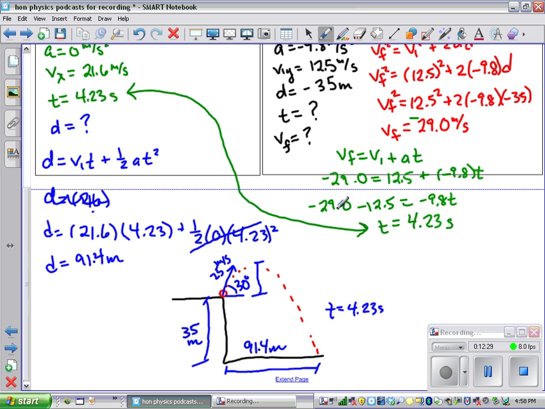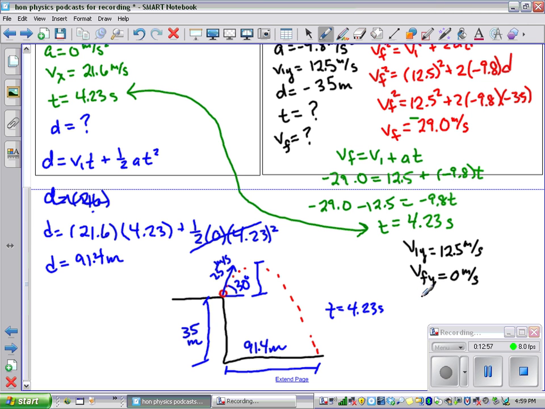And this time, instead of saying VF is an unknown, we're going to say that VF right here is 0. So VI, y, is equal to 12.5. VF, y, is 0. It's still going across horizontally at that point, but it's not going up anymore, and it's not going down.